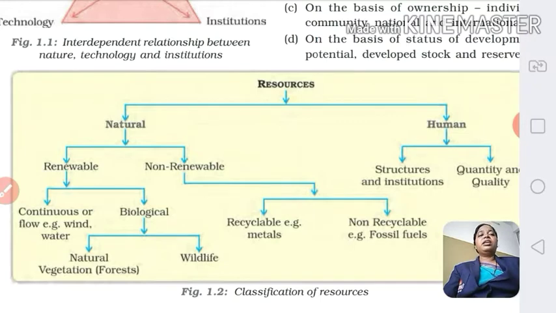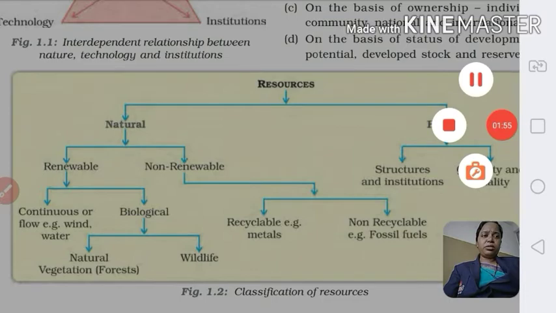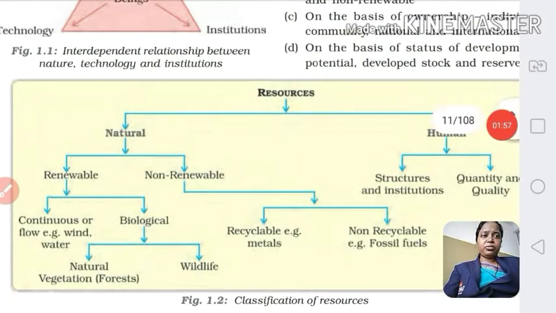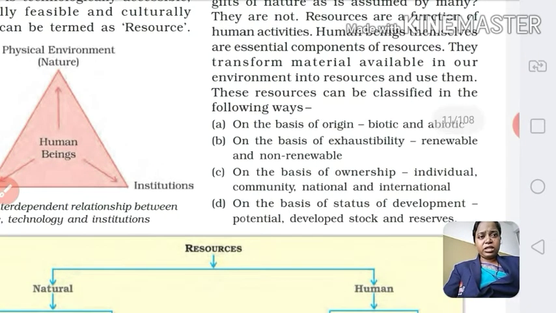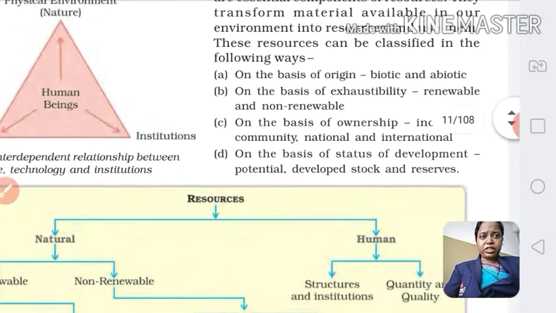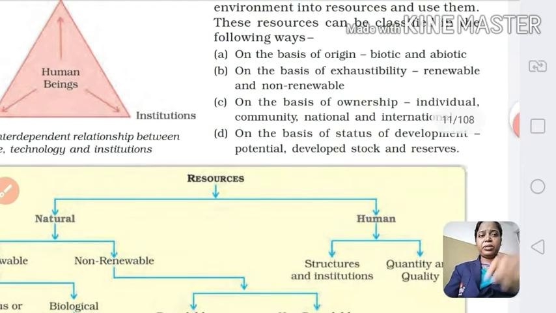Okay, so after getting this common view of classification of resources, there are also some other ways which are classified into four parts. Those are the main ways of classifying resources: on the basis of origin, on the basis of exhaustibility, on the basis of ownership, and on the basis of status of development.